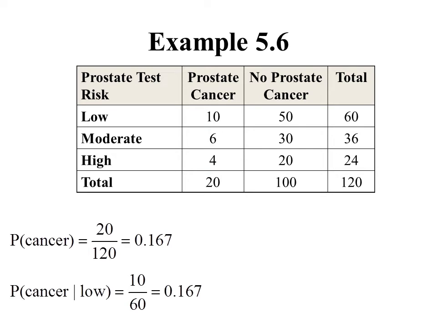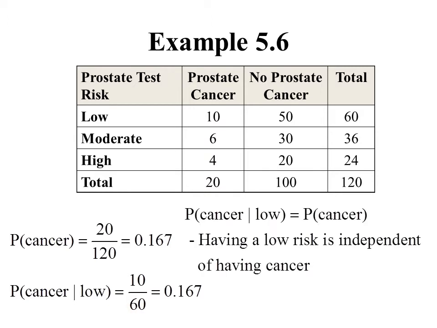Now let's calculate the conditional probability of having cancer given that you have a low risk. The denominator is going to be the number of guys in the low risk category, which is 60. The numerator is the number of those guys who do have cancer, which is 10. 10 divided by 60 is 0.167.